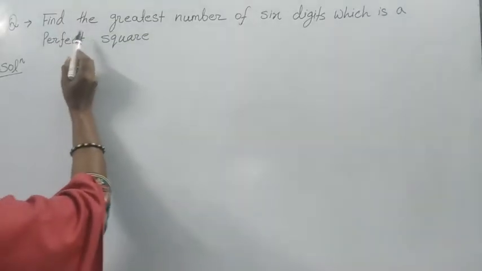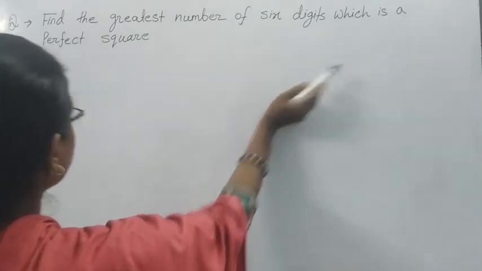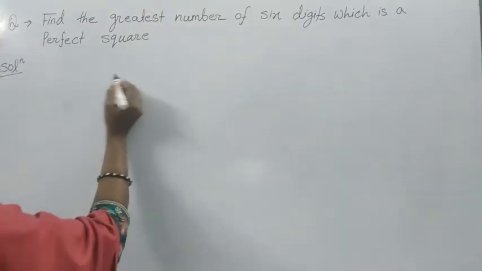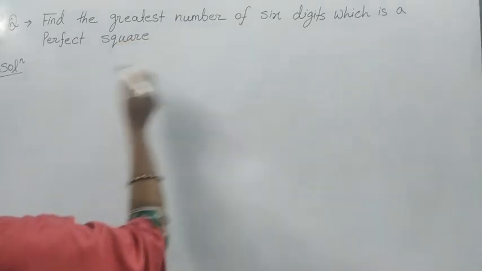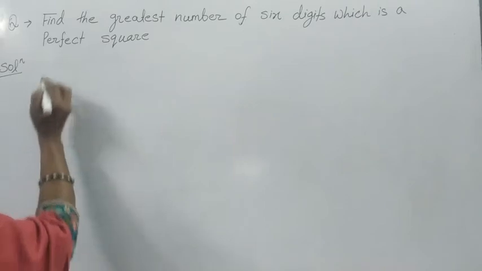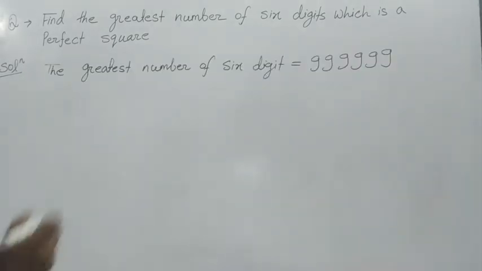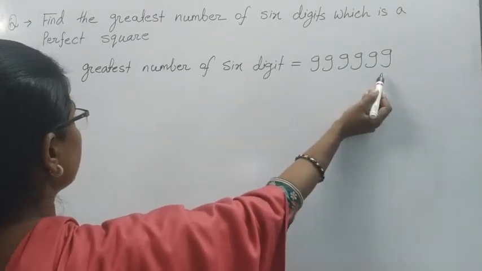Now look at the second question. Find the greatest number of 6 digits which is a perfect square. So what we do here, at first we find the greatest number of 6 digits. So the greatest number of 6 digits is equal to this number.